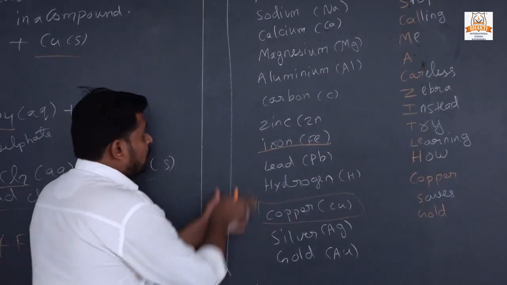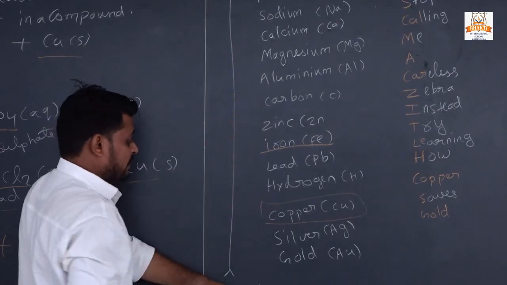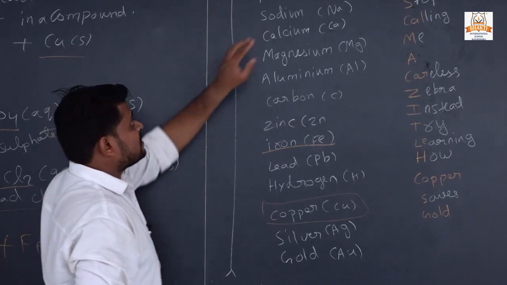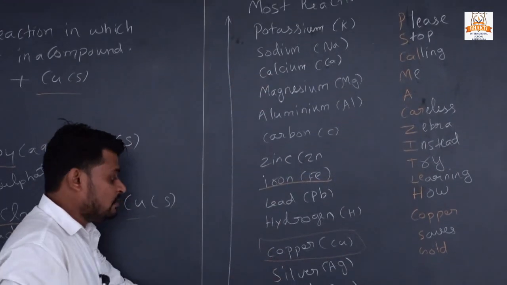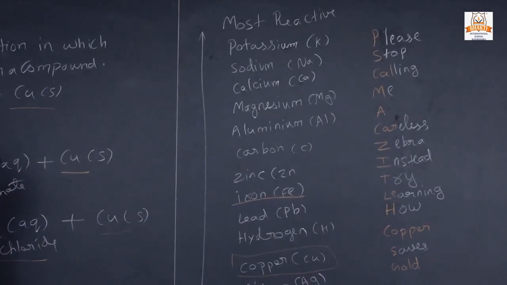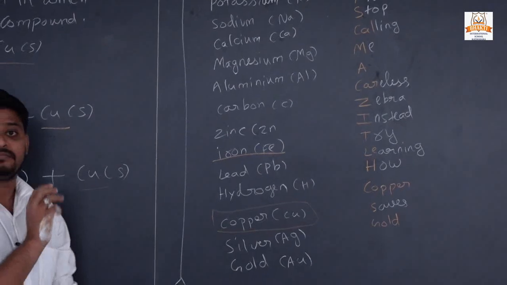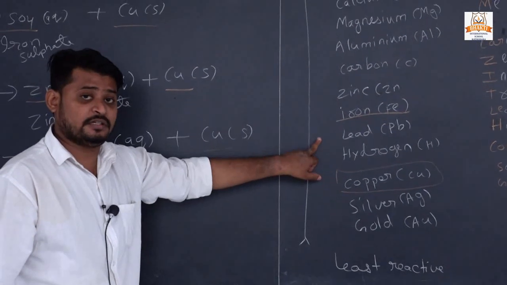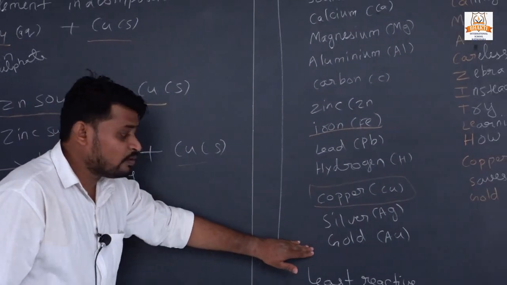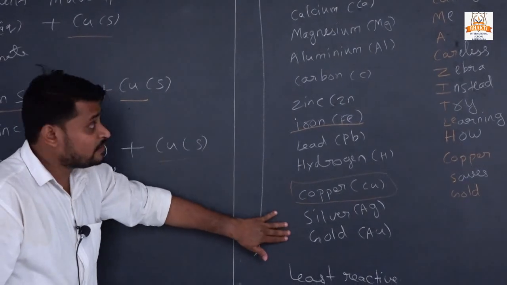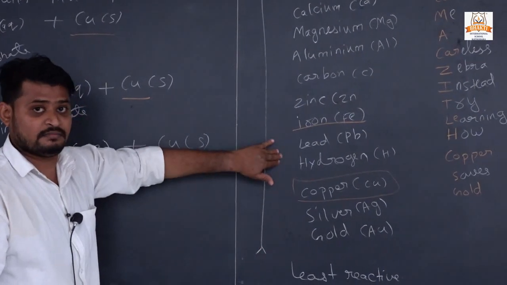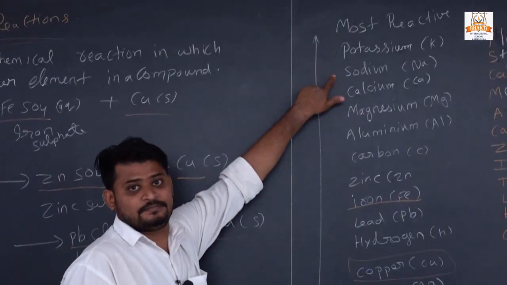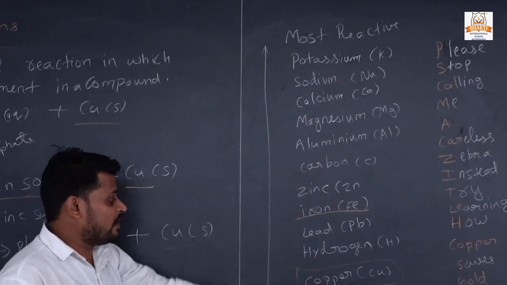If we go from down to up, the reactivity increases, meaning upper elements are more reactive than lower elements. Understand? The least reactive element is gold, then silver, then copper, then hydrogen. Going from down to up, the reactivity of the elements increases. The most reactive element is potassium, and the least reactive element is gold.